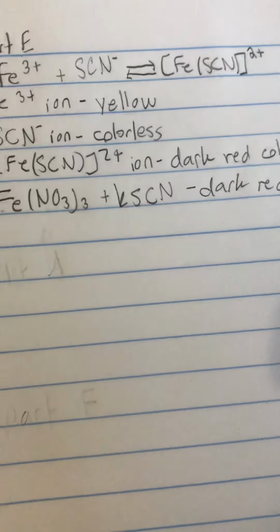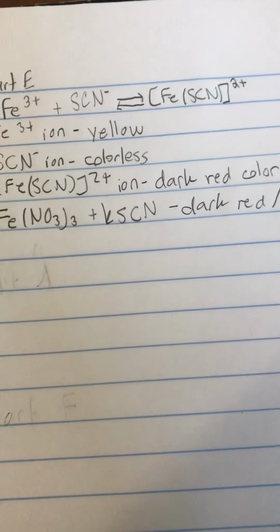For letter C in part E, the question says, explain the color changes that occurred when heat was added.